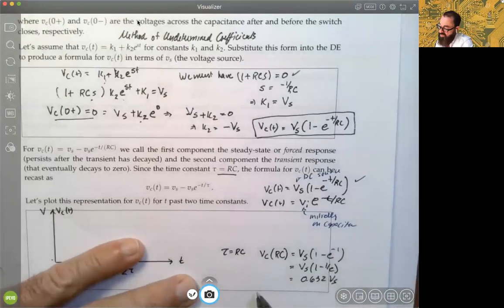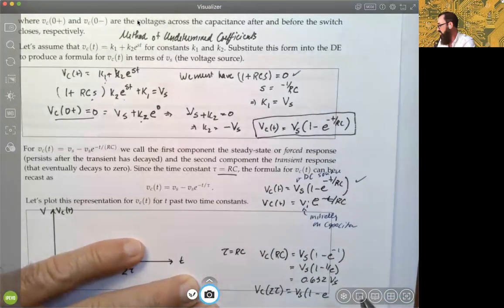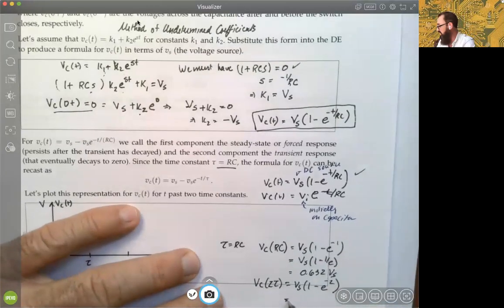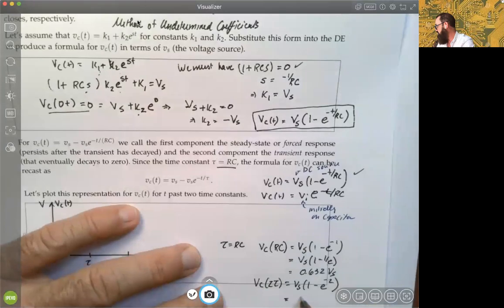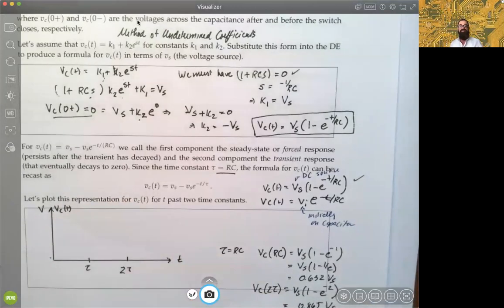And the same thing when you plug in the second time constant, I'm just going to say 2 tau here, you're going to get Vs times 1 minus e to the what? Minus 2 power, right? And that value, which you're going to get out of that, is 0.865. Notice it's increasing now, times Vs, okay?